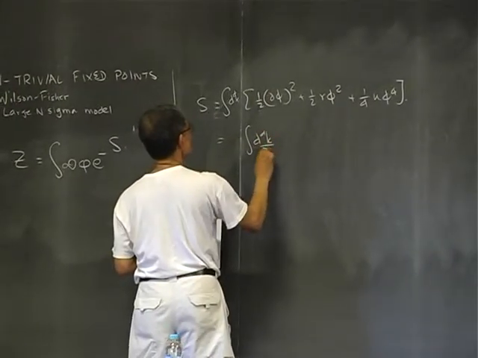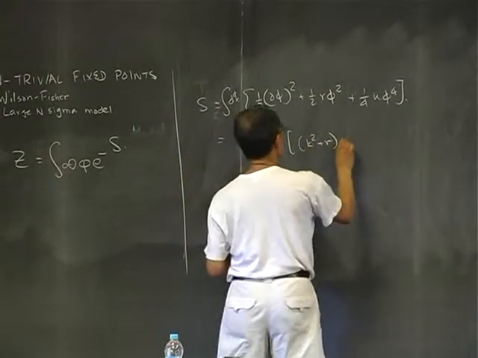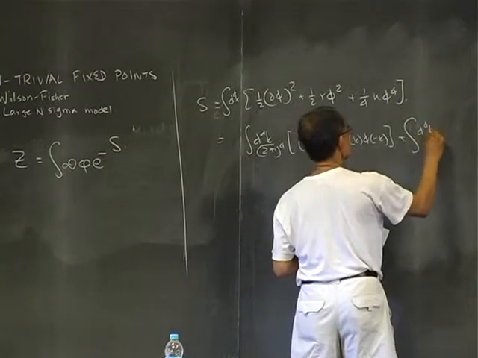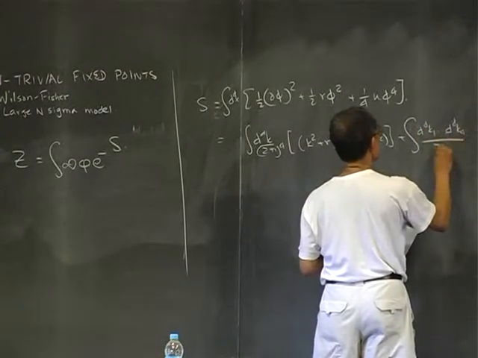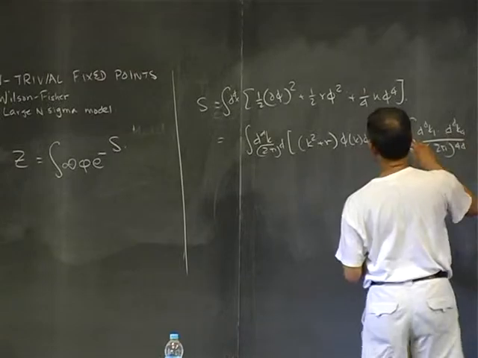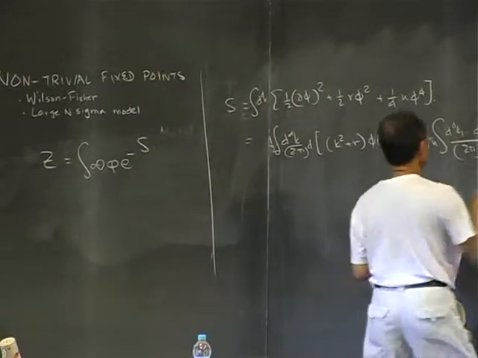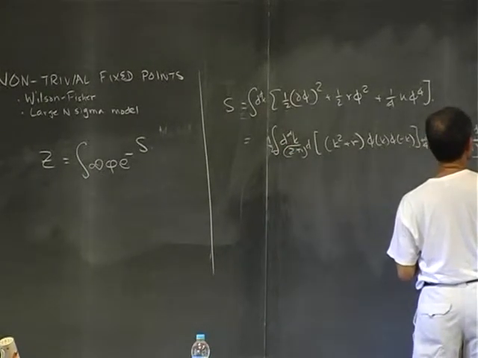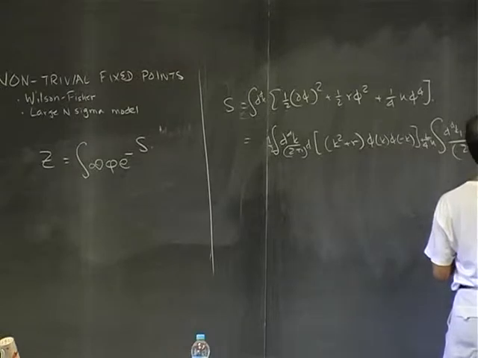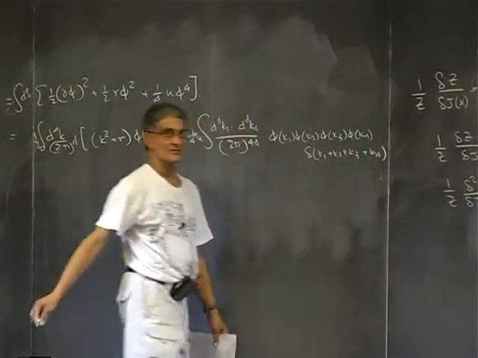This becomes... this is d... it's half u... so this is clear.